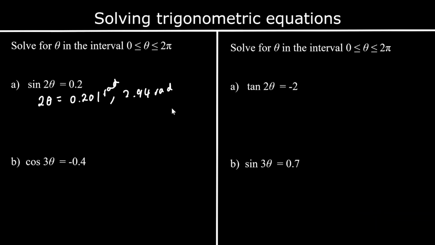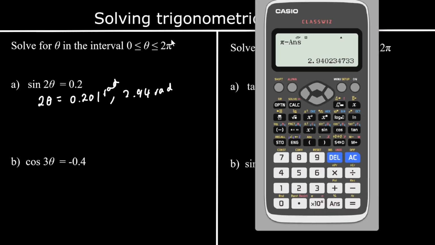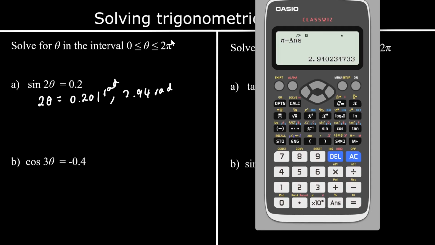But because we're going to half these answers, we need to go twice as far. So we need to go up to 4 pi, because when we half them, they're going to go back below 2 pi. We want to generate 2 more answers. So we'll save that as B. And B plus 2 pi is 9.22.